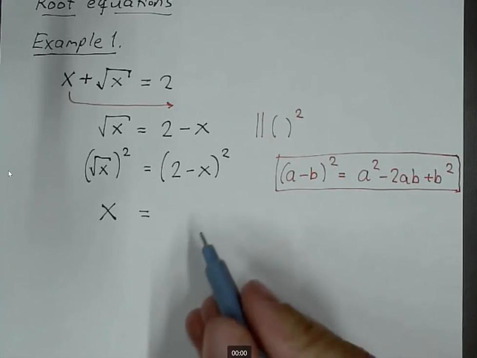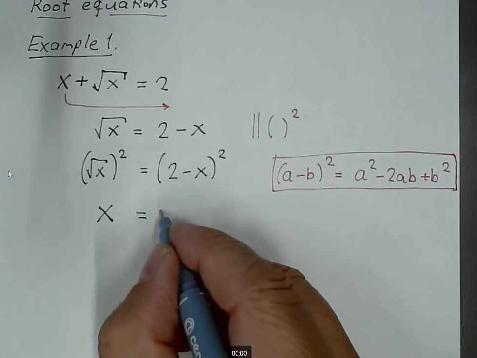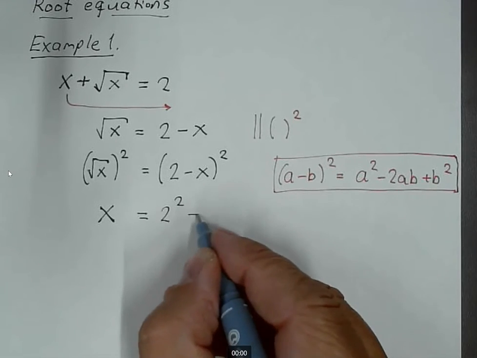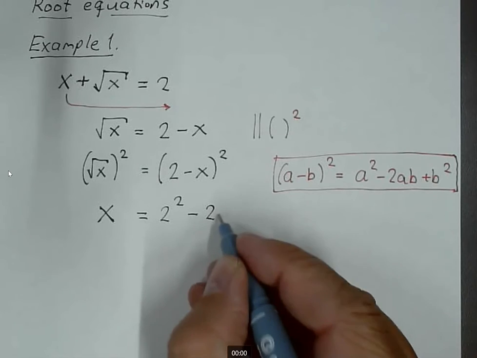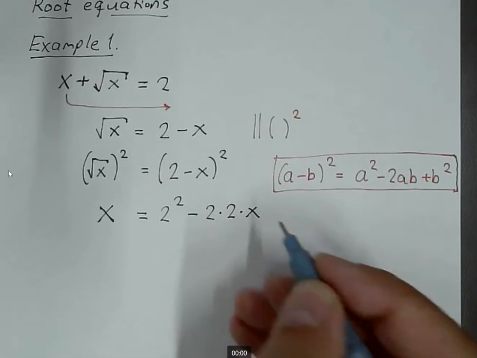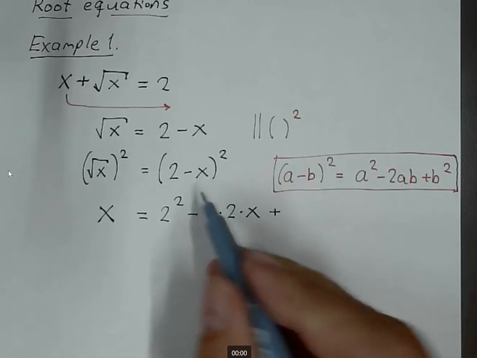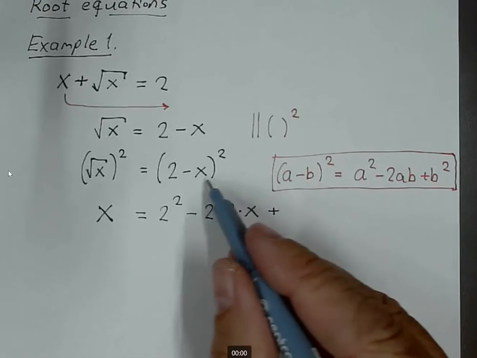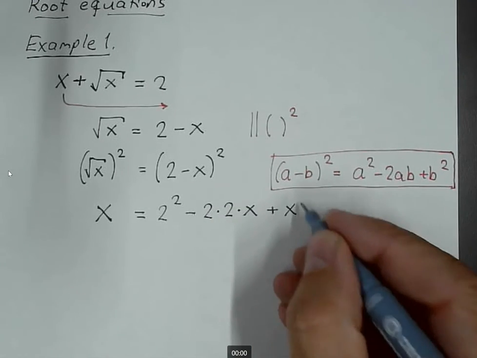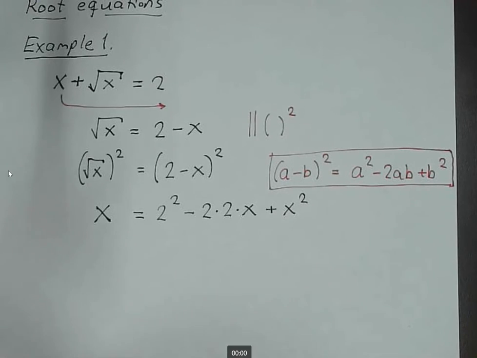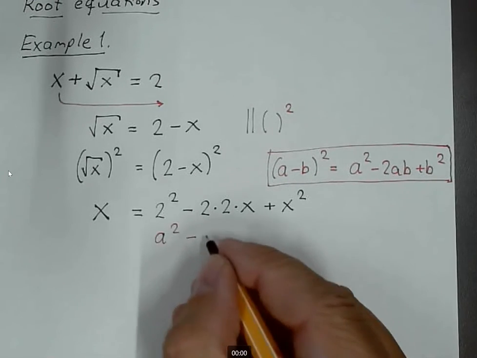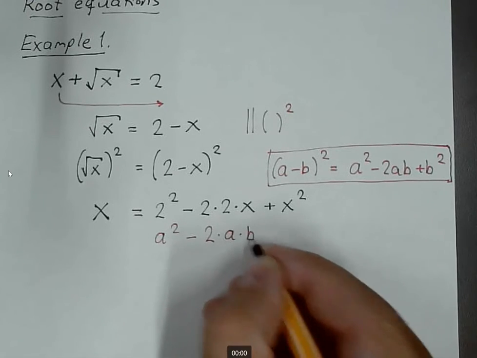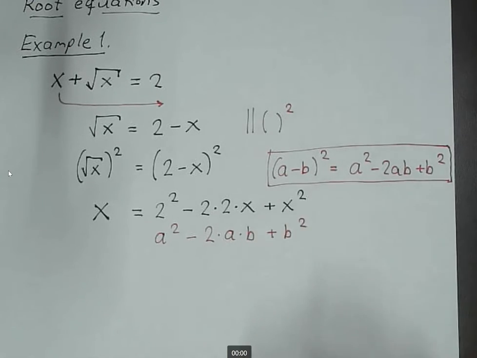So in this case we have here 2 squared minus 2 times a times b, 2 times x, plus b squared, and in this case x squared. I will write in, this is a squared, this is 2 times a times b, and this is b squared.